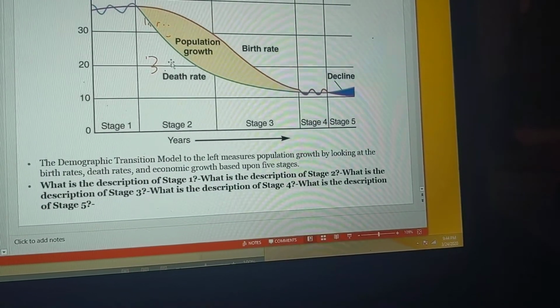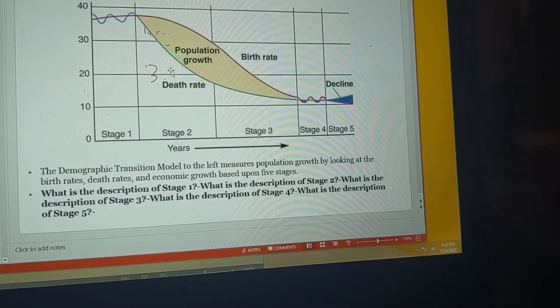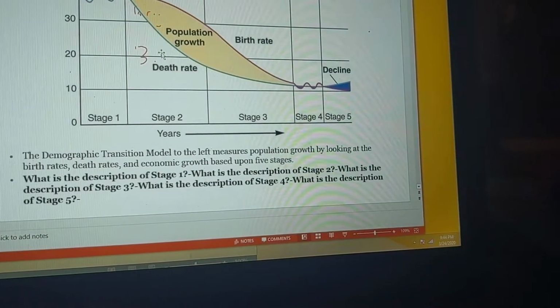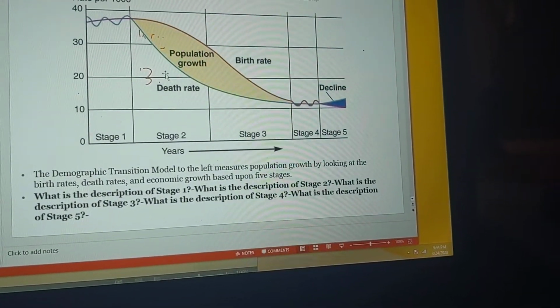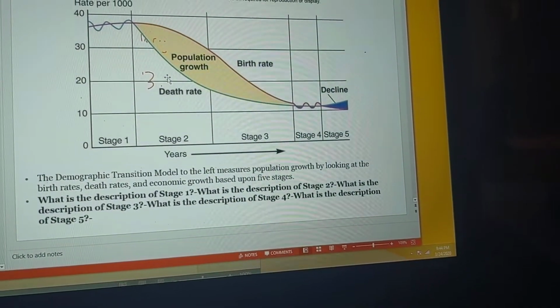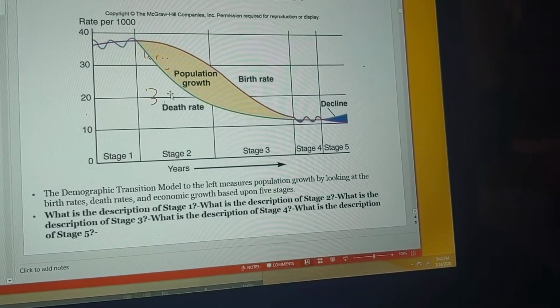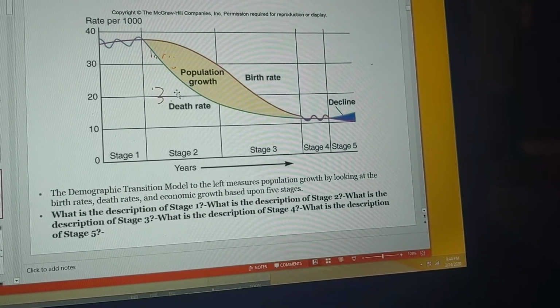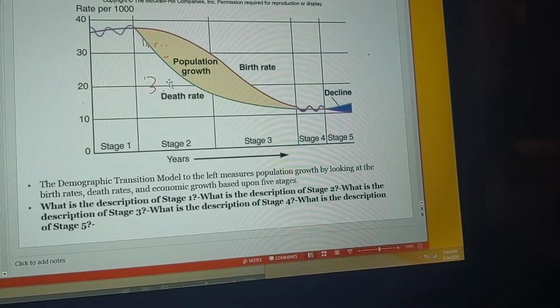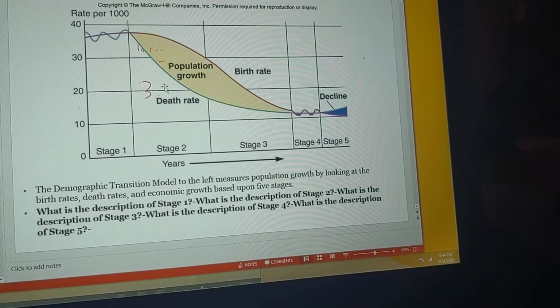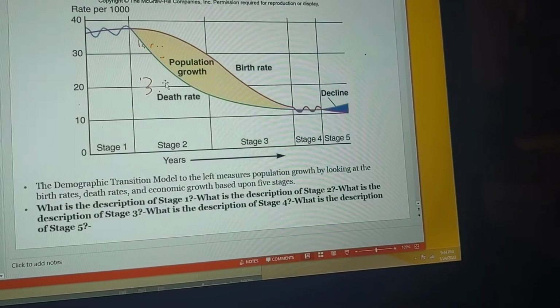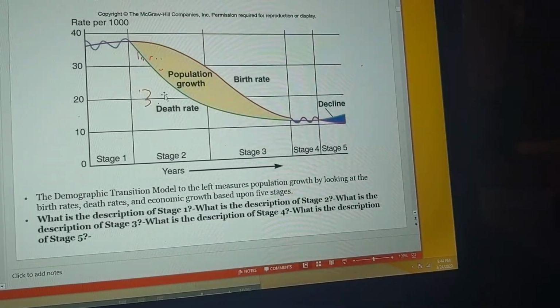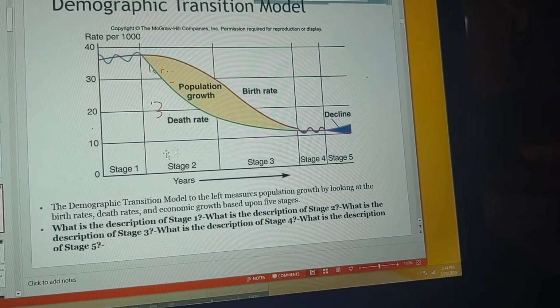Some countries in Europe, like Austria and Italy, are in stage 5 because you have more people dying than being born. That's just because you have an older population. Okay? Japan, of course, is facing a population crisis right now, as I said before. Okay? So that means they are not having children, and more people are dying because of old age.